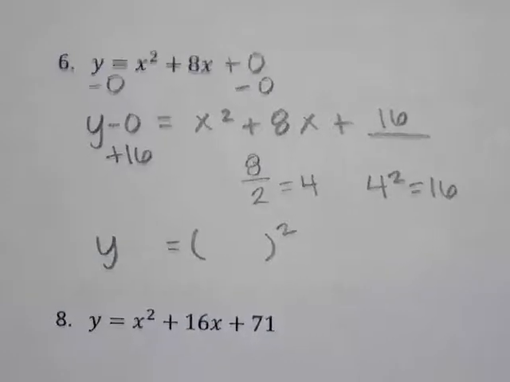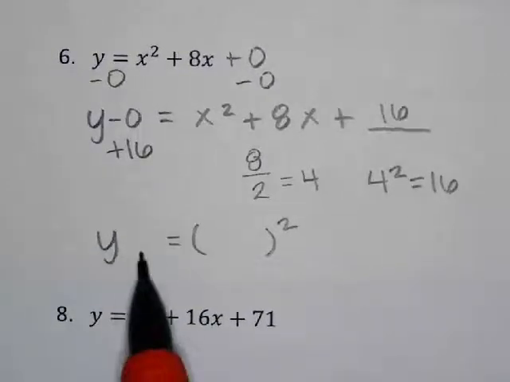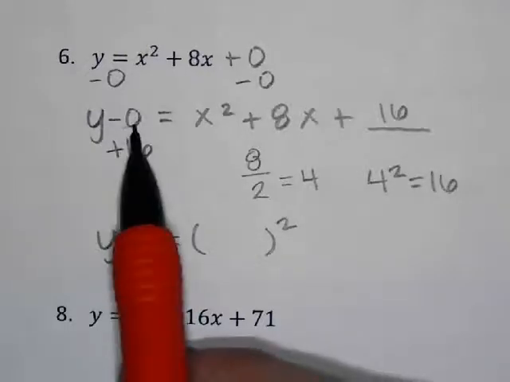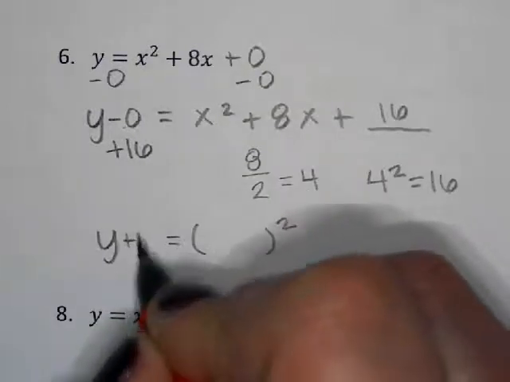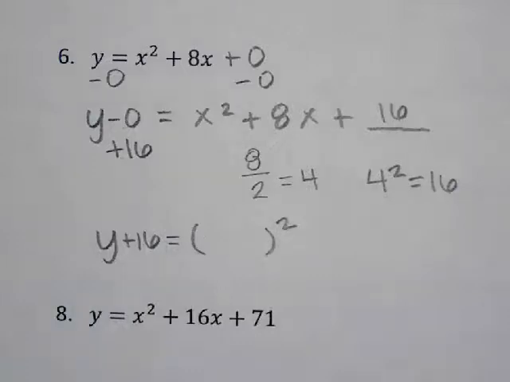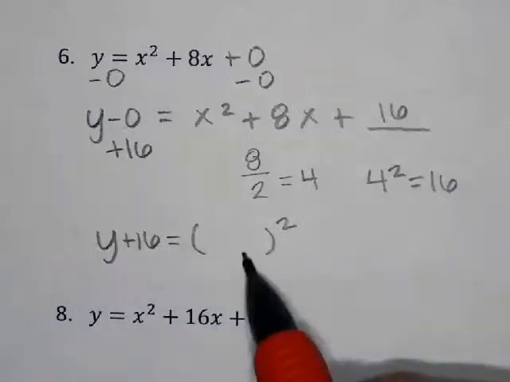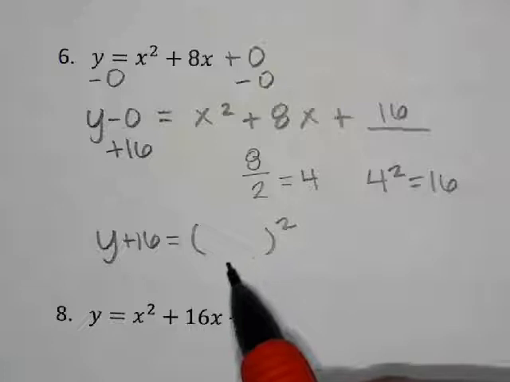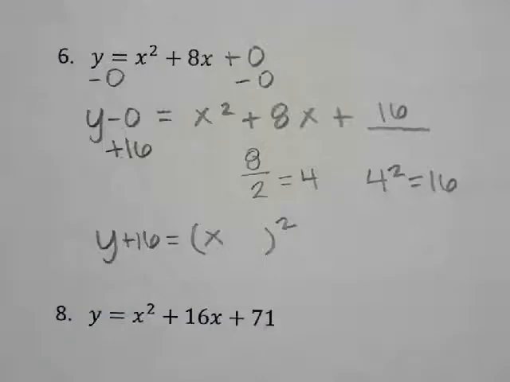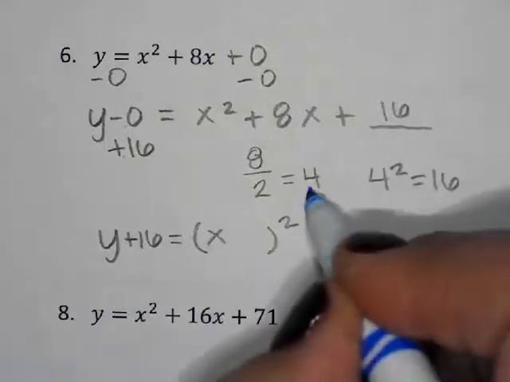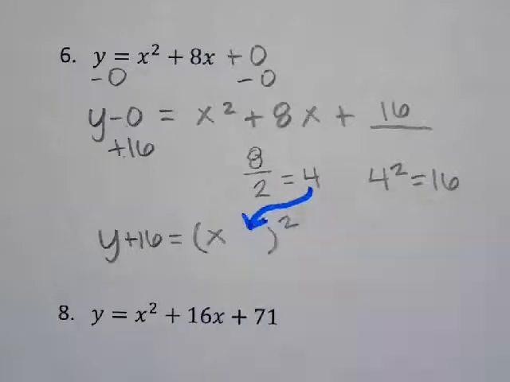And so what goes here next to the y? 16. So a negative 0 and a positive 16 gives you positive 16. And then what goes in the parentheses? X plus 4. We always start with the x, and the number that we got when we divided by 2 was a positive 4, so that's how we knew to put plus 4.